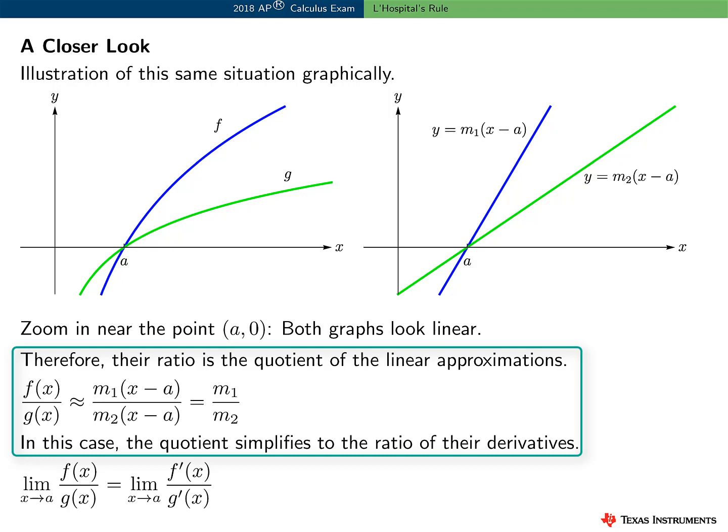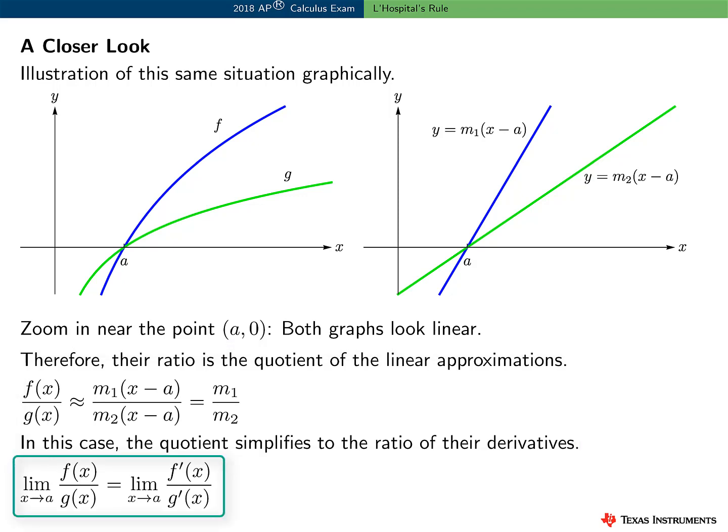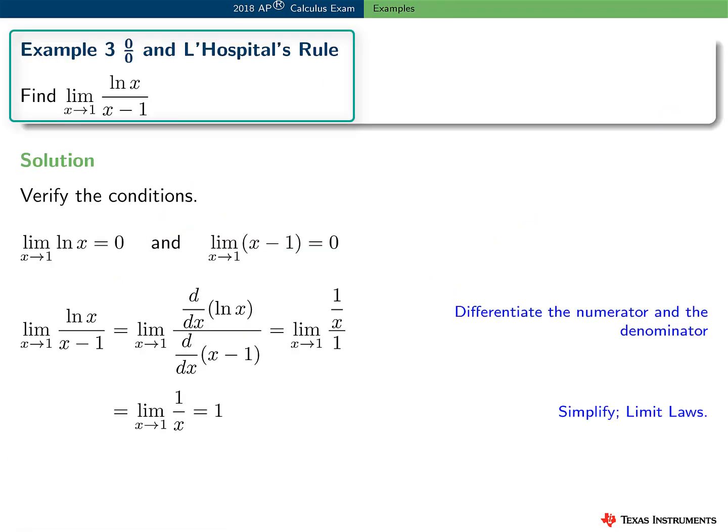Therefore, near a, the ratio of f over g is the quotient of the linear approximations. Therefore, in this case, the ratio f of x over g of x simplifies to m1 over m2, the ratio of their derivatives. And this helps to confirm L'Hopital's rule in this special case.